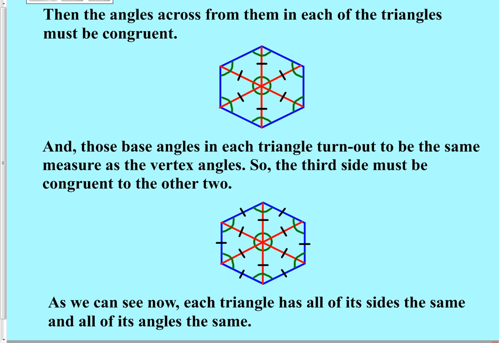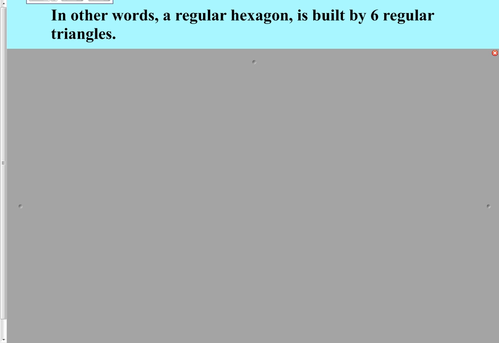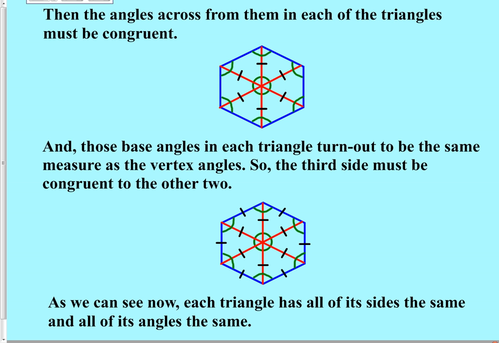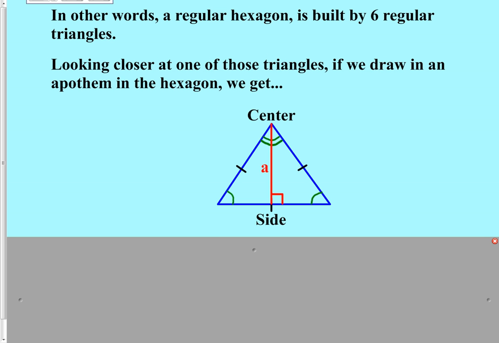So the end discussion of all of that is that in all 6 of these triangles, you have 6 regular triangles. The final statement on that is a regular hexagon is built out of 6 regular triangles.